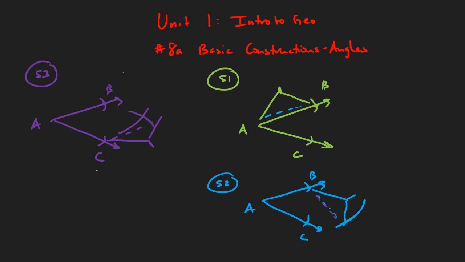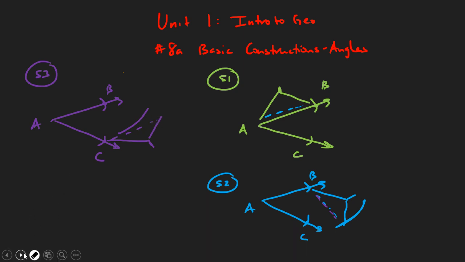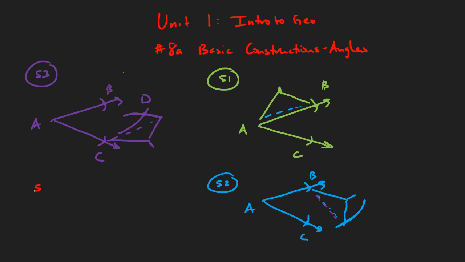That's not really a good arc, but you get the picture. Something like, actually, let me redo it. Sorry. Good. Nice that it lets me just delete that part. So we're going to do it like this. Okay. And now this point right here is the important part where those two arcs intersect. I'm going to call that point D. And again, to complete this, I'm not going to redraw the entire thing if that's okay with you. So for step 4, I'm going to connect A and that point D with a ray.